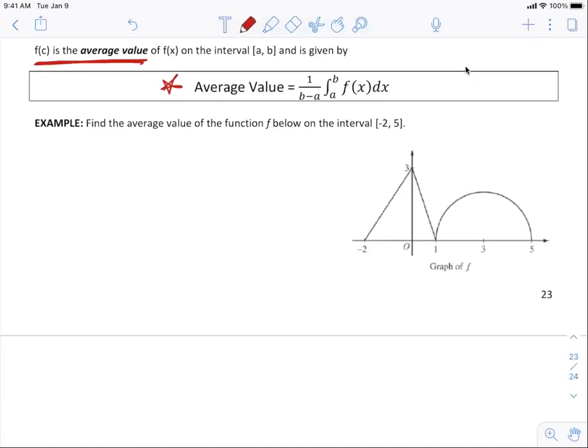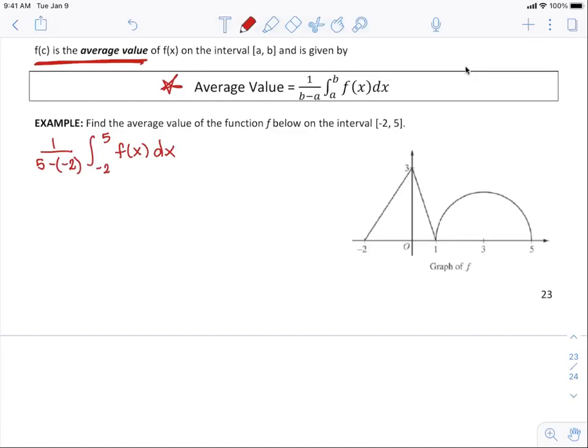So this very last example says, find the average value of the function f below on the interval from -2 to 5. So what we want is 1 over 5 minus -2 times the integral from -2 to 5 of f of x dx. Now, we're not going to use an integration rule because we don't actually have the function f of x, but we do have this graph here, f, that we can find the area under the curve.